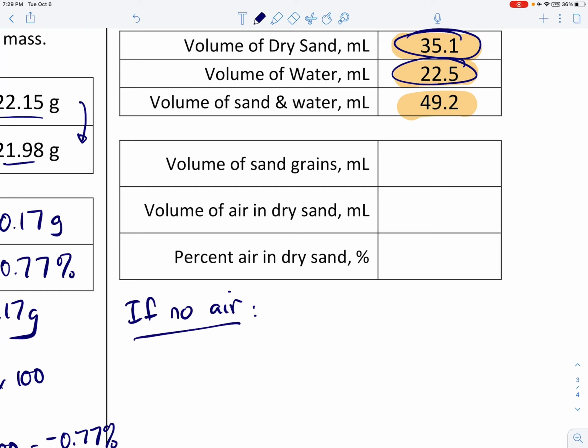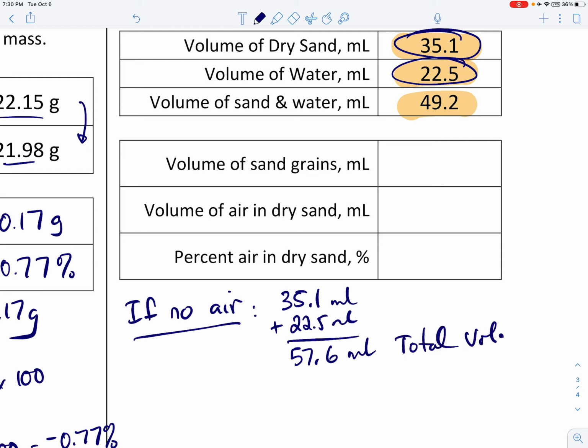The object sinks, the water level gets pushed up, you just add those numbers together. So let's say that if there was no air, 35.1 milliliters, the volume of the sand, plus 22.5 milliliters, the volume of the water, this is what the total volume should have been. It should have been 57.6 milliliters total volume.